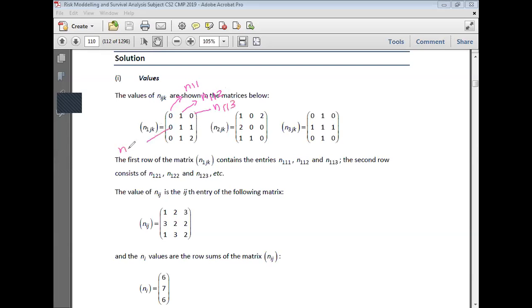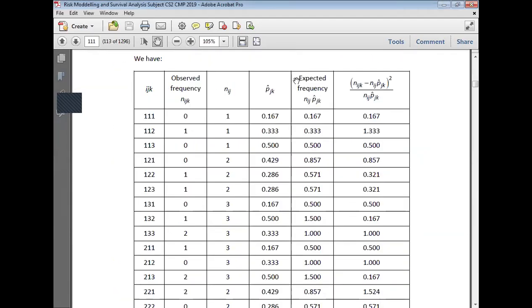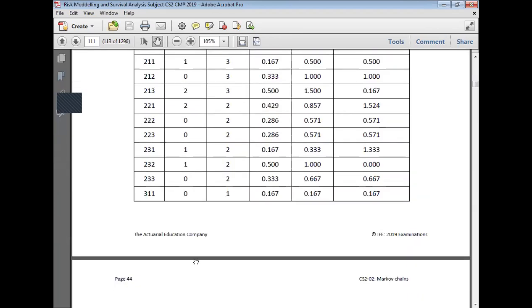This is N121, this is N122, this is N123, and so on. You do not necessarily have to calculate those Nijs again. You can directly copy down those numbers here: 0, 1, 0, 0, 1, 1, 0, 1, 2. This is the first row, this is the second row, and this will be the third row of the N1jk matrix. And the same will be true for the rest of these.